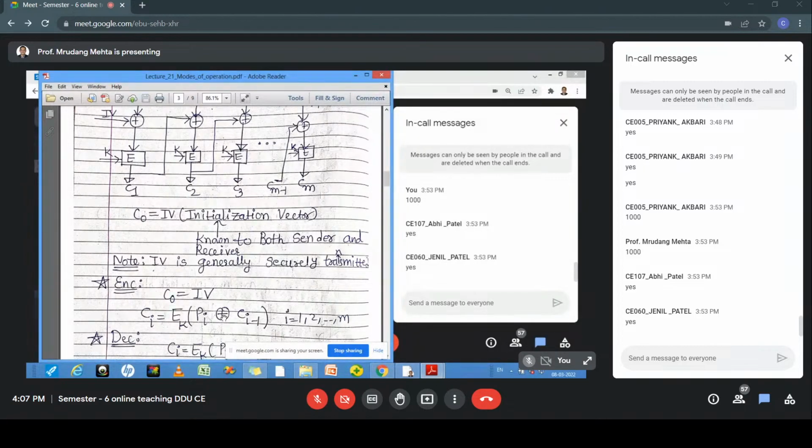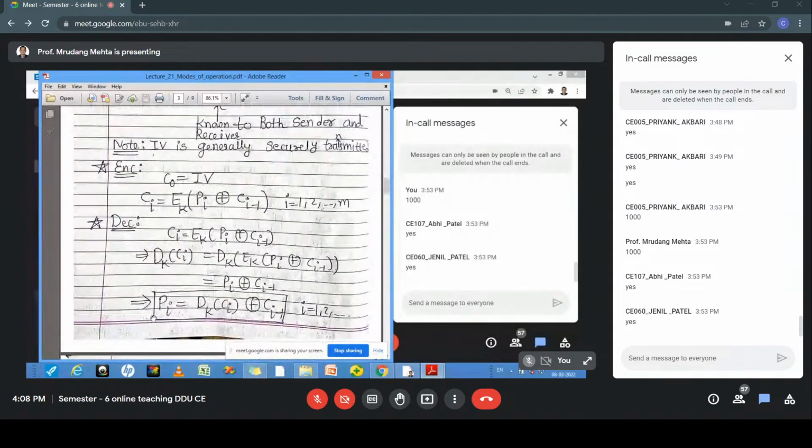P1 XOR C0, that is encrypted with key K, gives us C1. Let's say C8: to get i equal to 8, we have P8 XOR C7 encrypted with key K, and that gives C8.